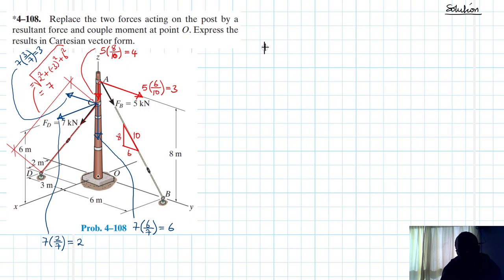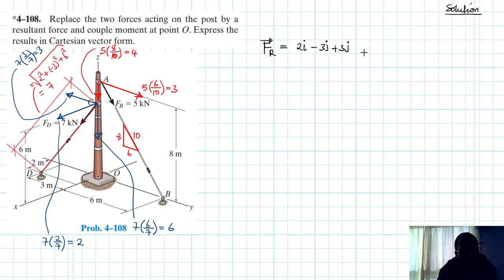So let's find the resultant force FR, writing it as a vector. So what do we have in the x? In the x we have one component which is positive 2i. And then in the y we have two components. So we have a minus 3j and a plus 3j.